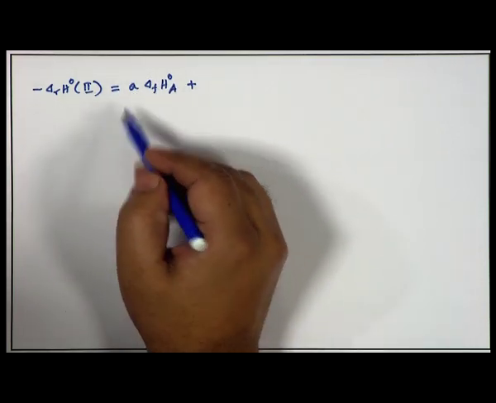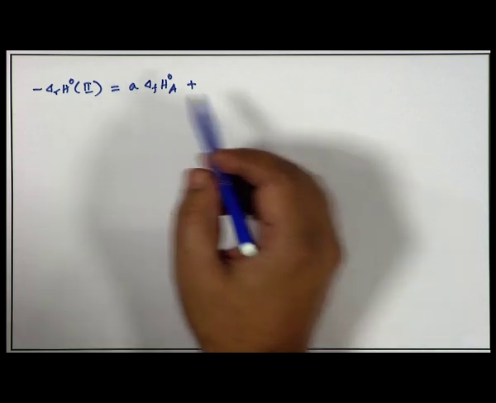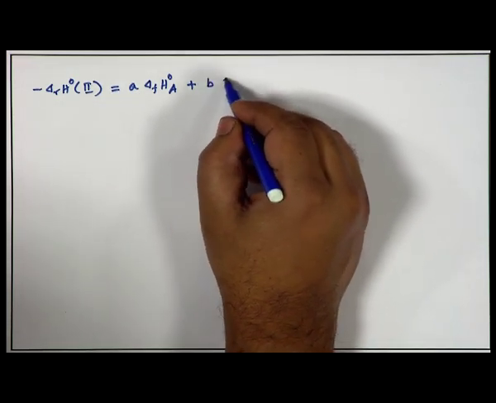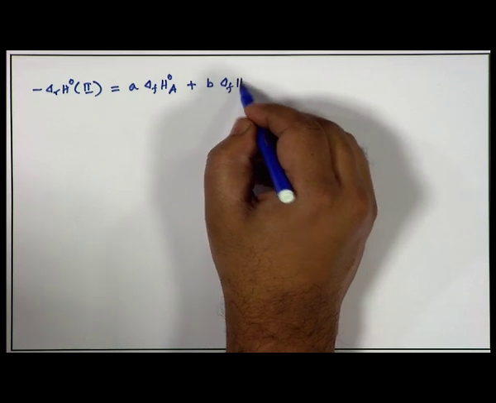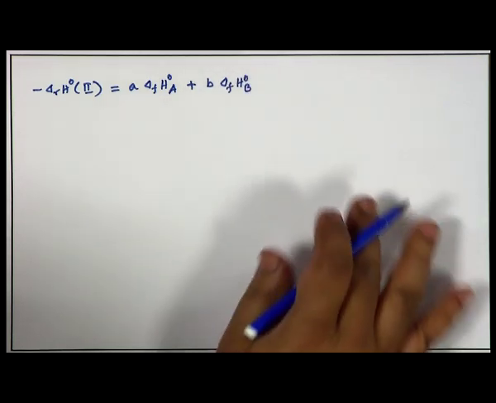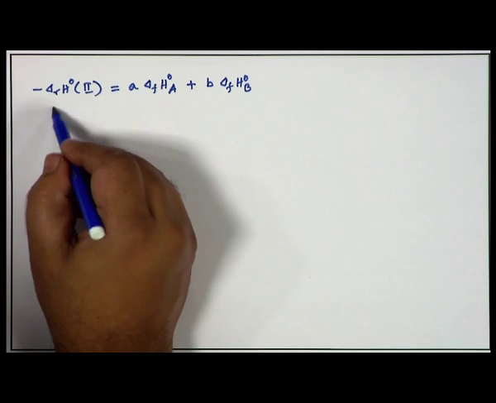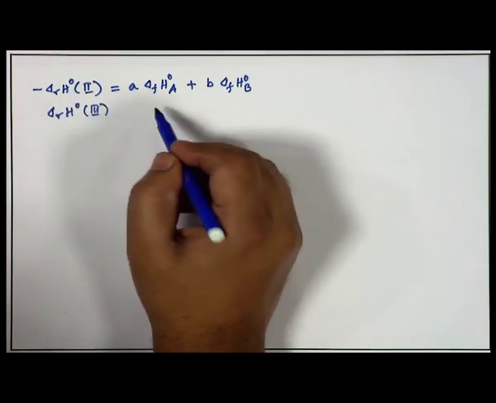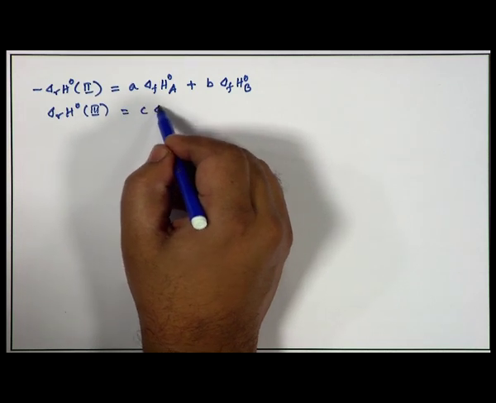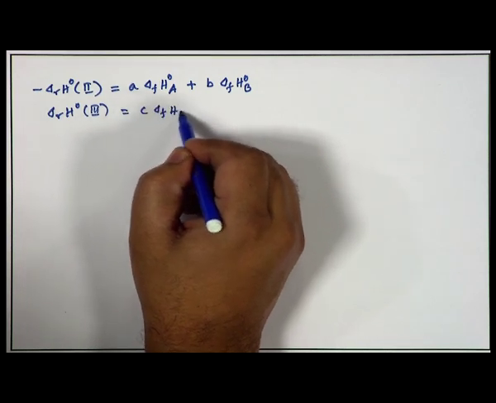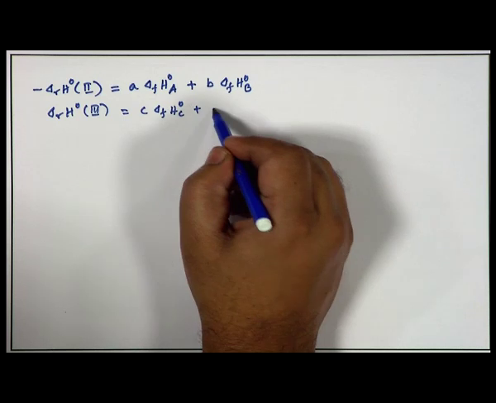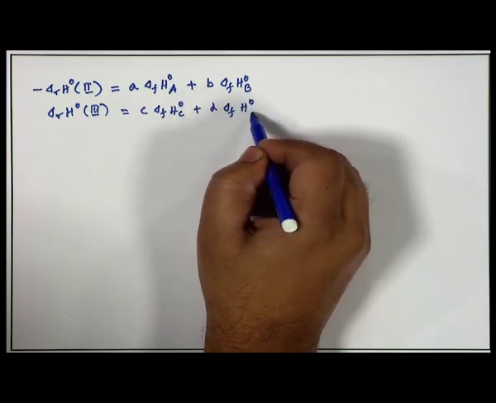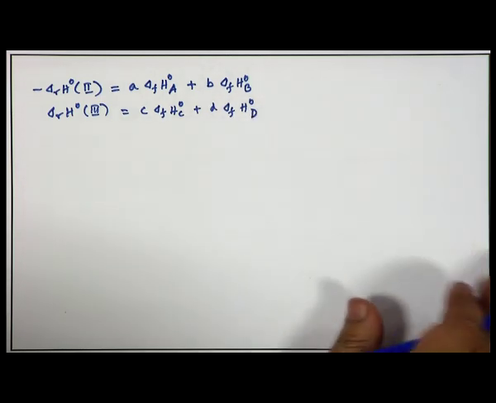So, we have to multiply by the number of moles here. We write the same for B, and for the third reaction we can similarly write it. These are all at the same temperature, that is given.